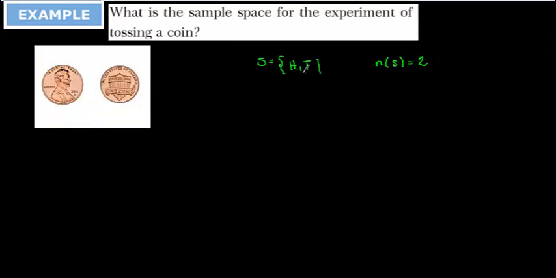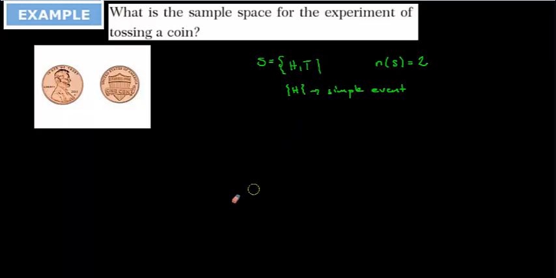Here the events are head and tail, and if you get only head as an event, this is a simple event, or if you write tail, that is also a simple event.